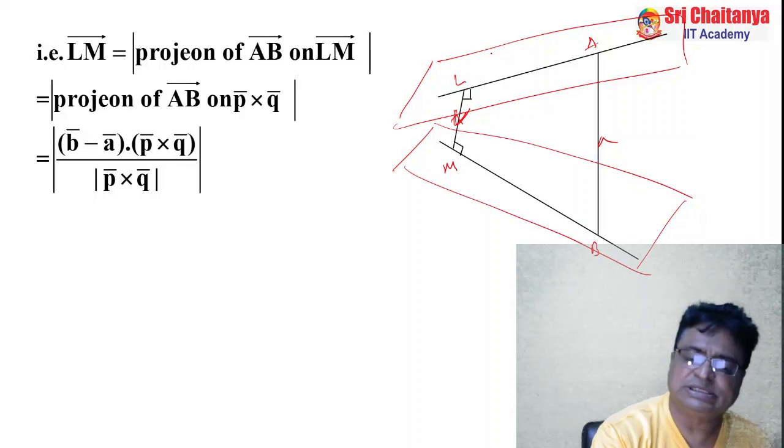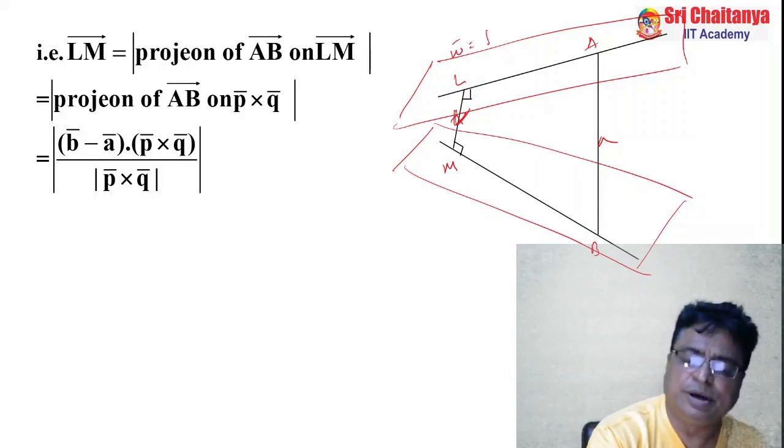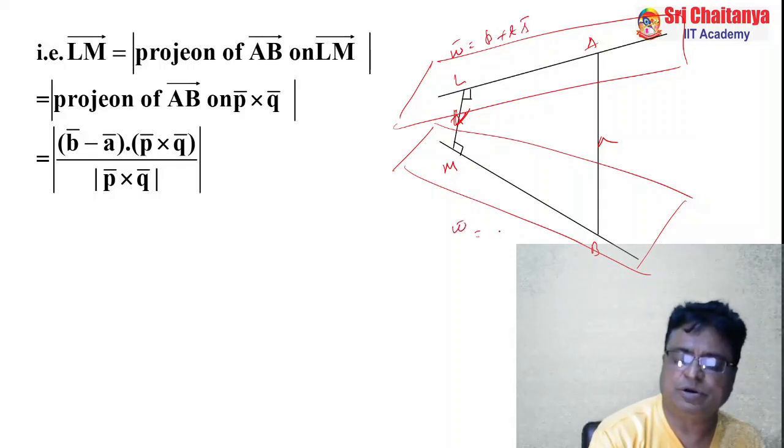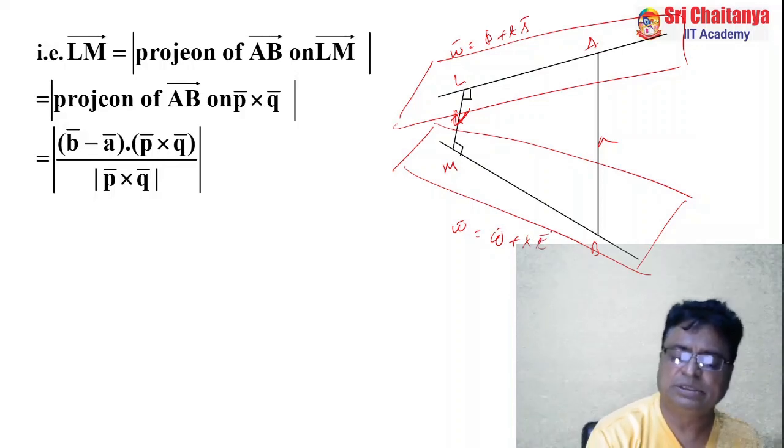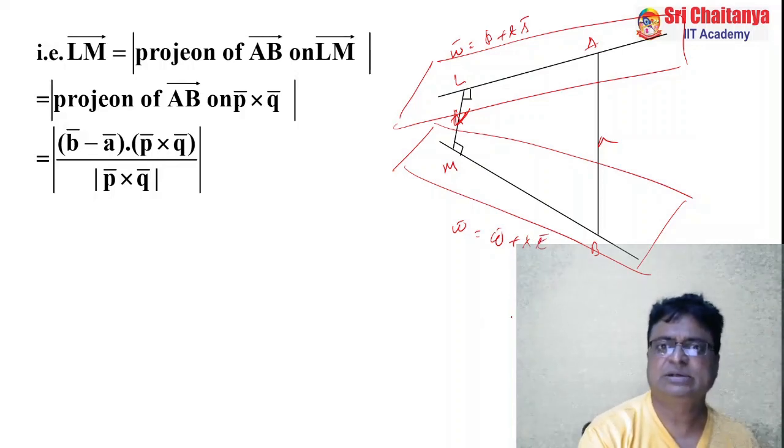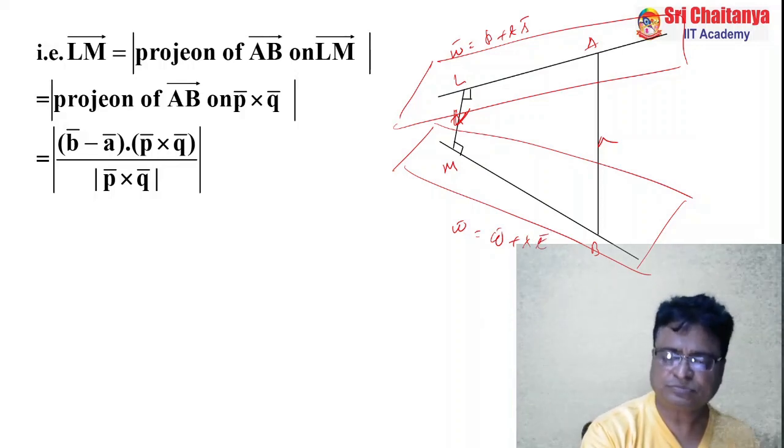And suppose this is R bar equals P bar plus lambda S bar, and this is R bar equals Q bar plus lambda T bar. So these two are the two skew lines.